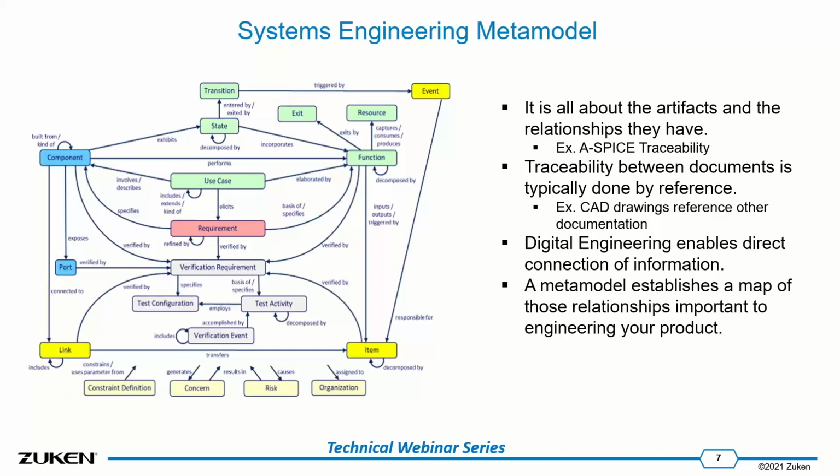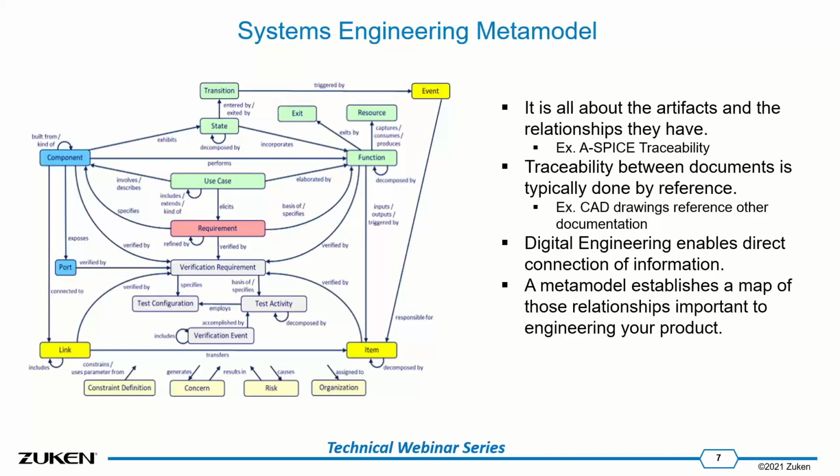What digital engineering really enables is the connection of that information through those types of hyperlinks. And by embedding them in the data model and in the overall data files, you're able to click those links and transfer information directly. And it doesn't matter which side of that link you're on. If I was looking at it from a requirement or from a test case, I can click the other and very quickly pull the information.